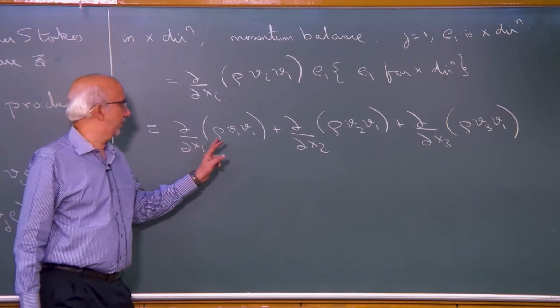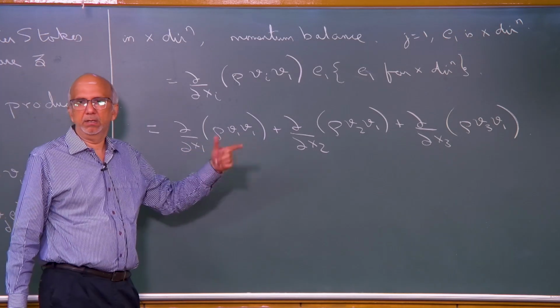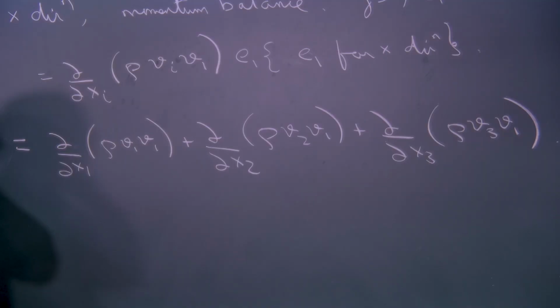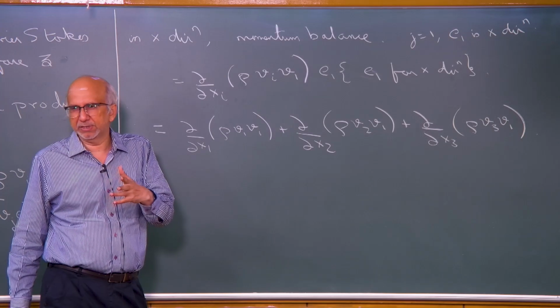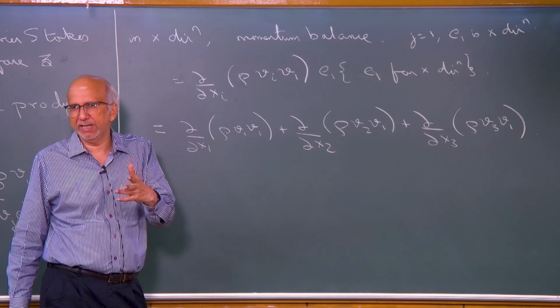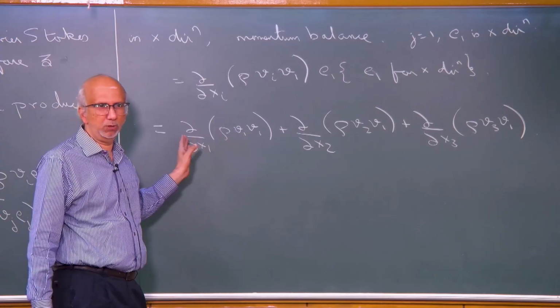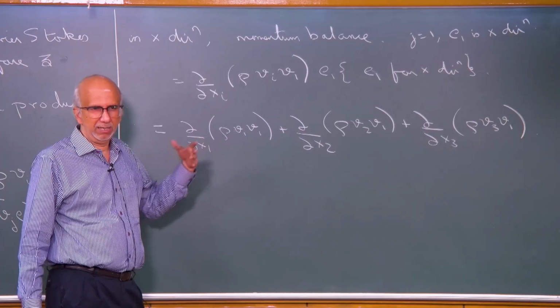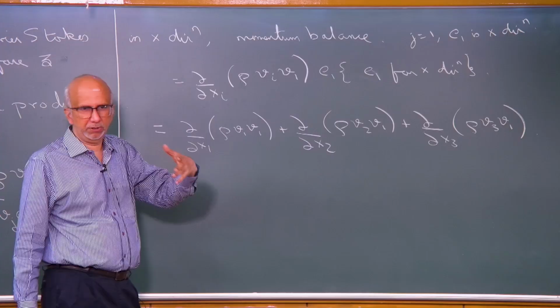And you can use the product rule of differentiation. So, we can keep our life simple and right now say rho is not going to change with space. So, rho is constant, okay, incompressible liquid, just for simplicity.